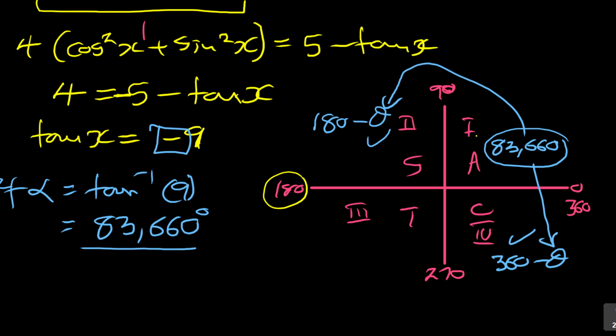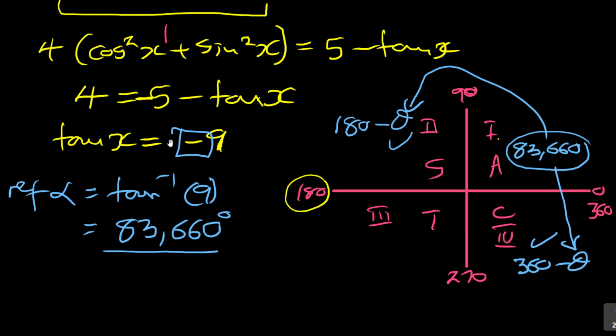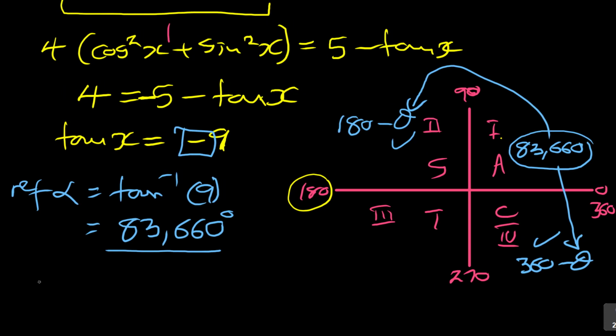So now give me the answer. What is 180 minus 83.660? We've got 96.340.